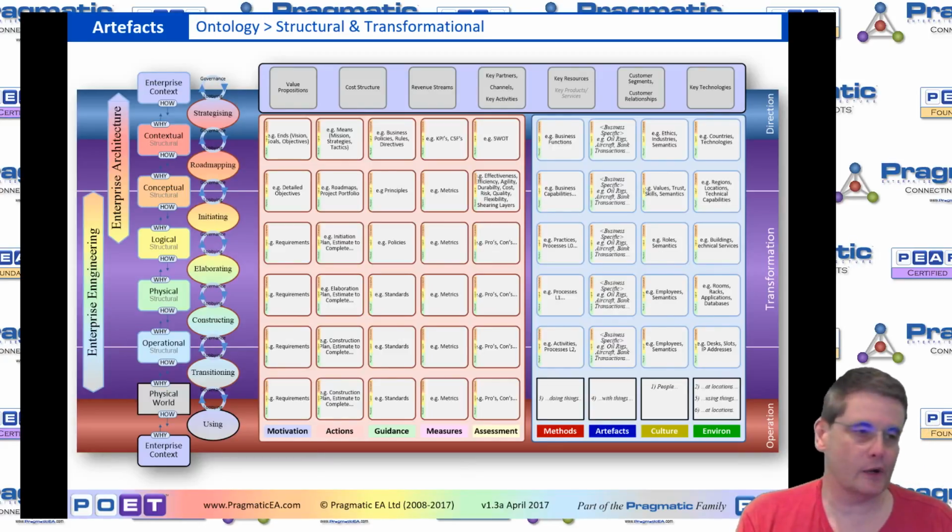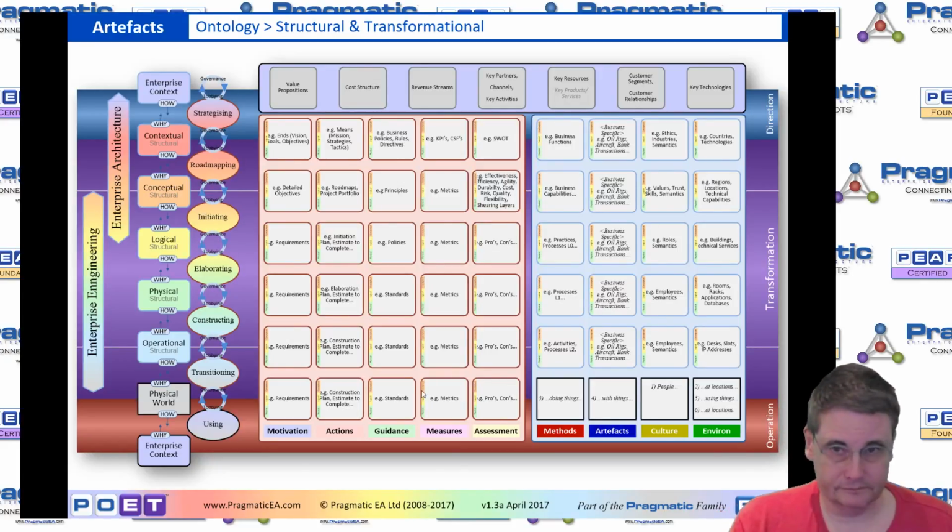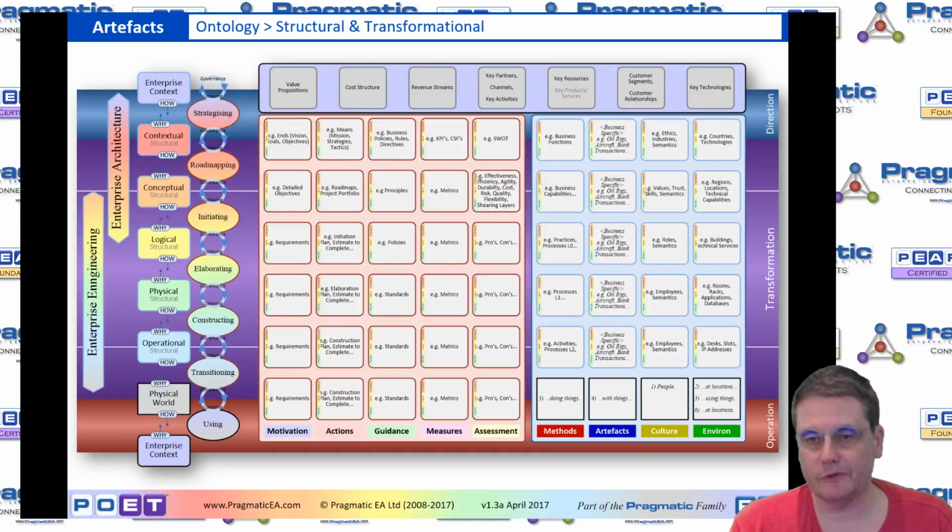Yes, the answer to that question is basically the same as the answer to the first question. Yes, we need to start mapping out the information that we're using for transformation and the information that we're using for enterprise architecture in a structured, coherent, reusable, reasonable way, so we can then use it.